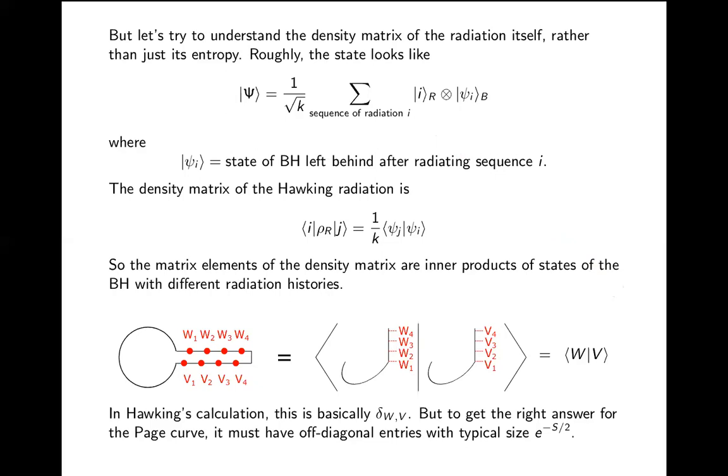You would get that Cij if you were expanding this in an orthogonal basis for the radiation and the black hole, some basis you'd chosen in advance. Here, I'm only choosing the radiation basis, and the black hole states are just whatever you get. So they're not orthonormal.